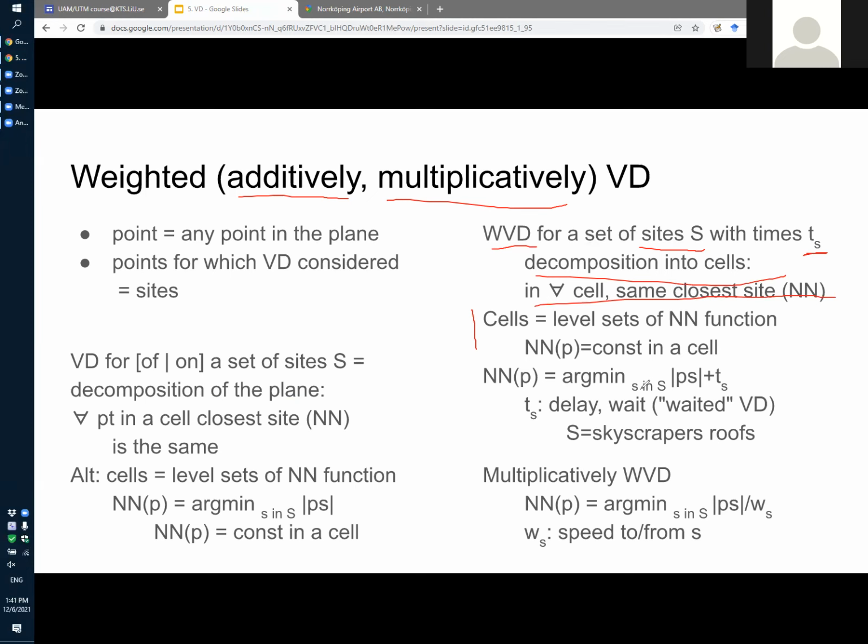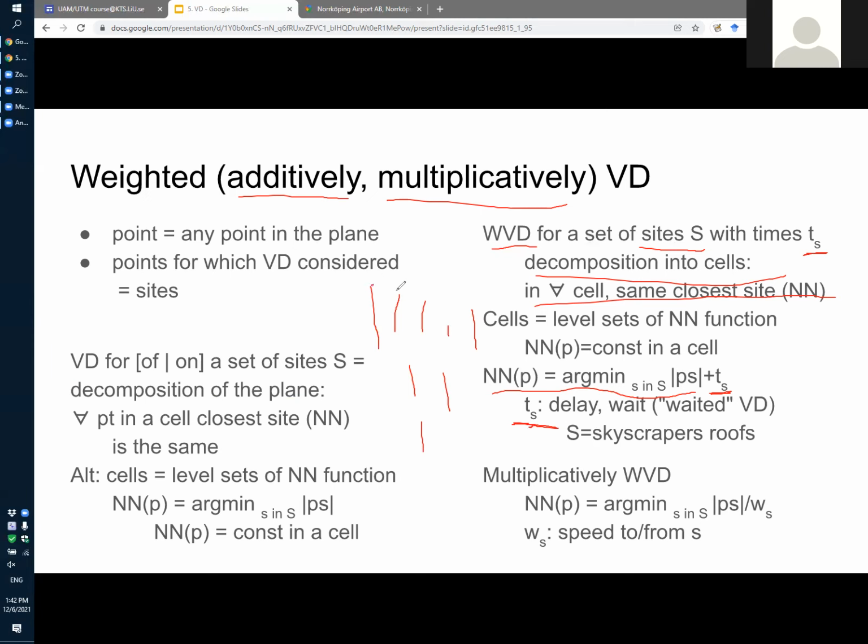But now the closest is not just the distance, but also plus the time particular to that site. So again, that's the definition, and you may think of t_s as the delay at the site s. So one way to think about it is that imagine that I'm trying to draw a set of skyscrapers, so they should be straight, and they may have different heights.